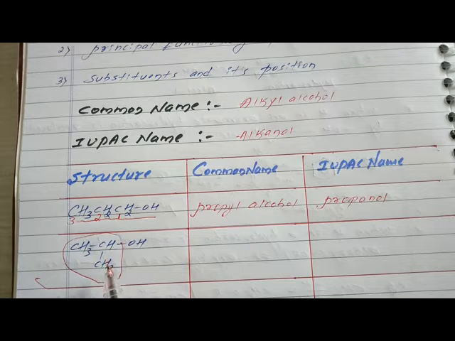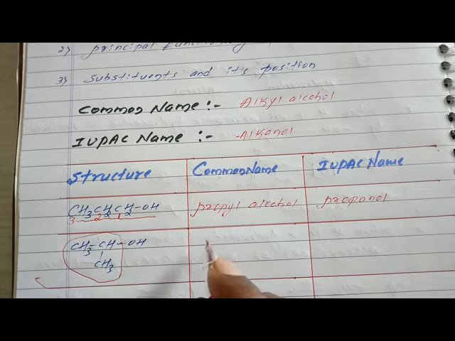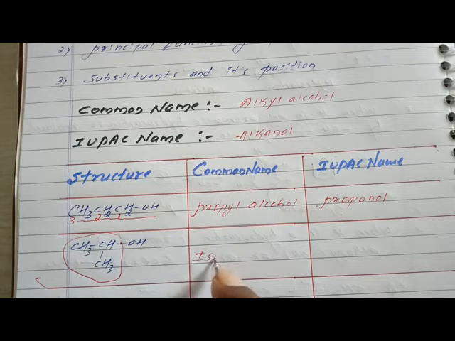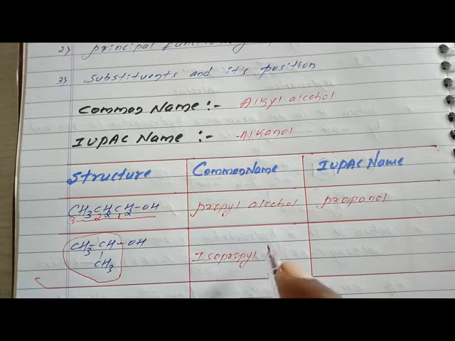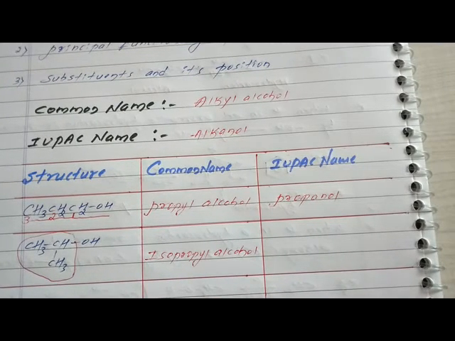But it is not a simple propyl; we call it isopropyl because this carbon contains CH3 as a branch. So the name of the alkyl group is isopropyl, followed by the word alcohol. So the common name is, students, isopropyl alcohol.